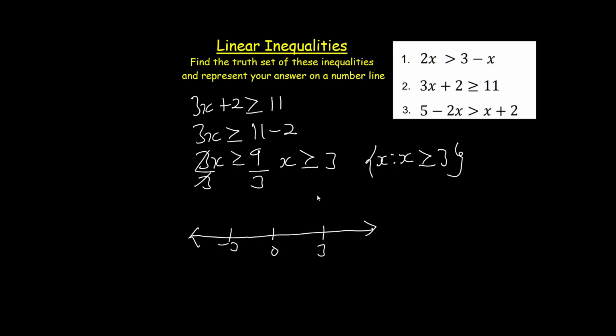Now we need to draw to the right. Because we have a bar, greater than or equal to, we need to draw a circle and then shade it nicely, and then draw our arrow to the right, and also write the answer, x is greater than or equal to 3. So here we've found the true set of the inequality and also represented it on a number line.